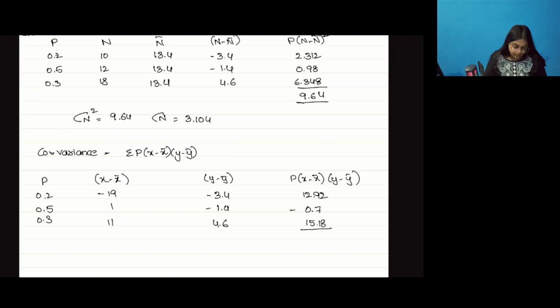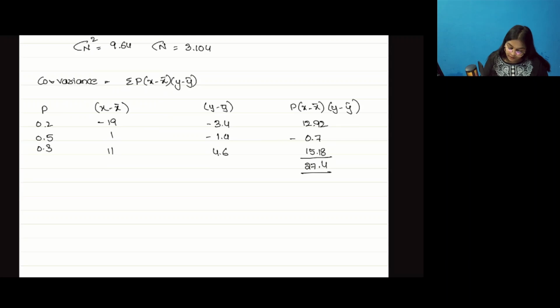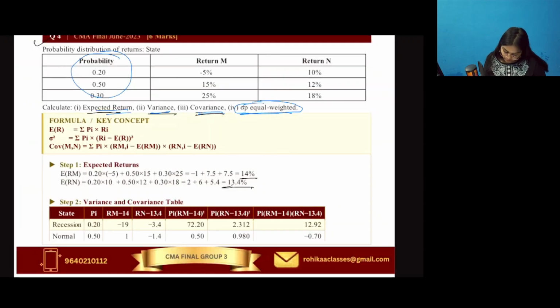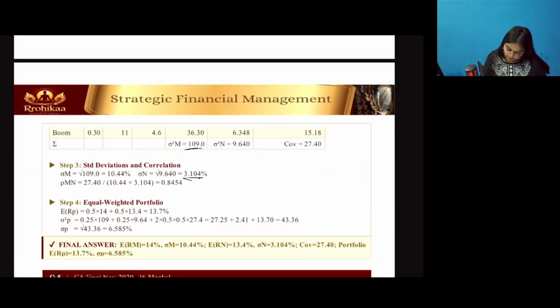The total will be summation: 12.92 minus 0.7 plus 15.18 is 27.4. Covariance of return m and n will be 27.4.